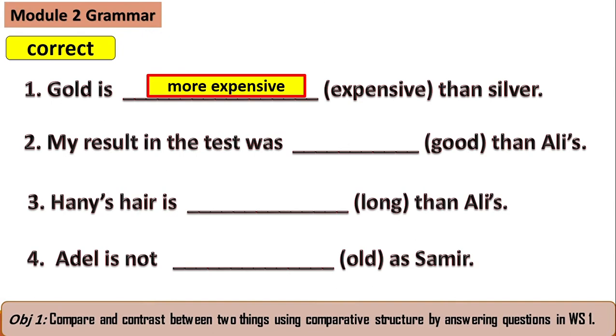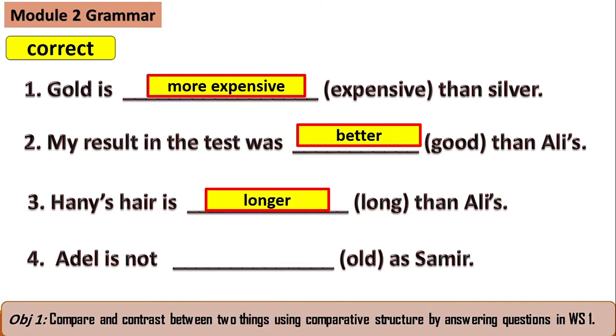My result in the test was better than Ali's. Thank you. Hannah's hair is longer than Ali's. Good. Adil is not as old as Samir, or you can say Adil is not so old as Samir.